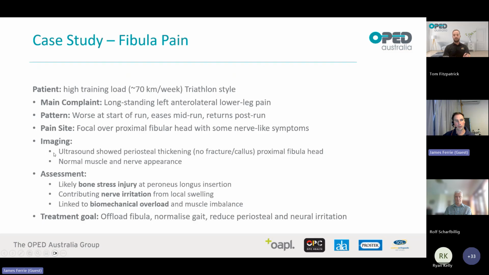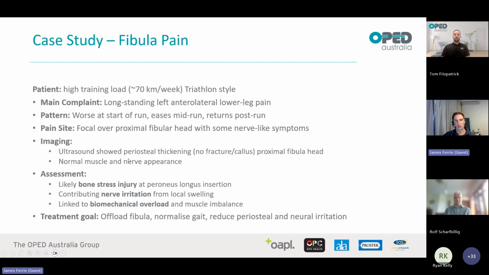Now on ultrasound, I've got ultrasound in the clinic, which is really helpful for these sort of cases. He showed, effectively, some periosteal thickening with no fracture or bone callus formation of that proximal fibular head. So compatible with a bone stress injury.